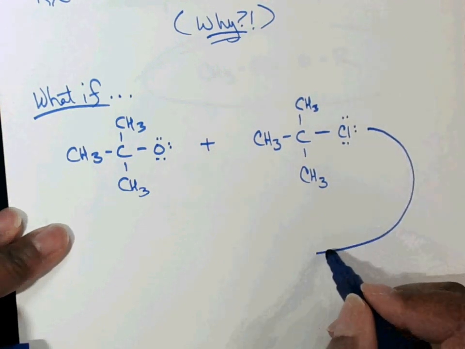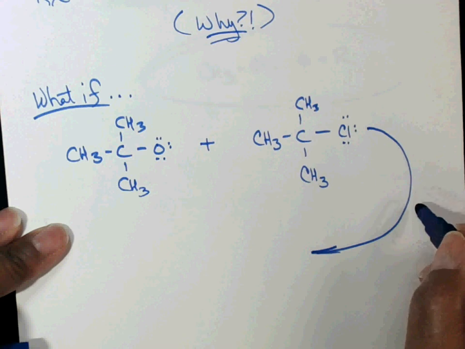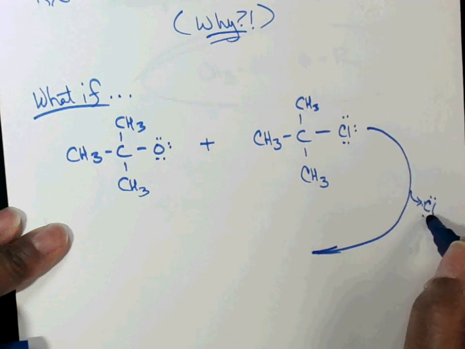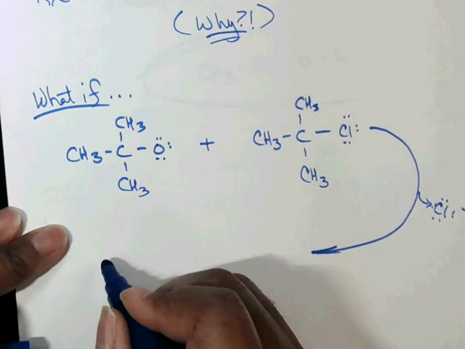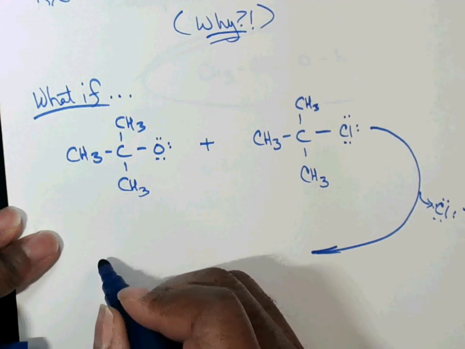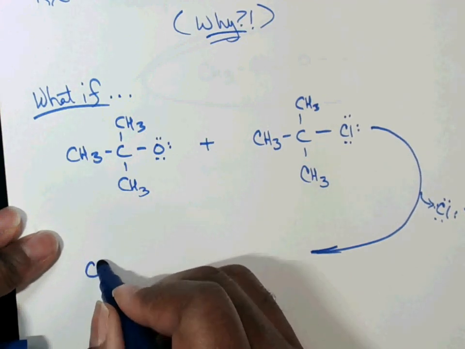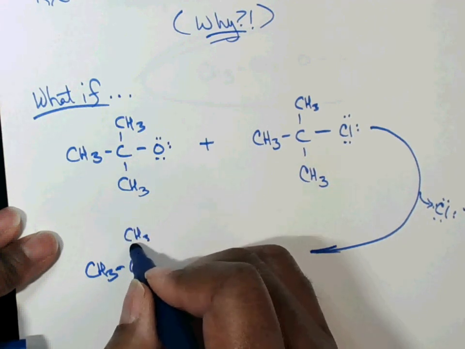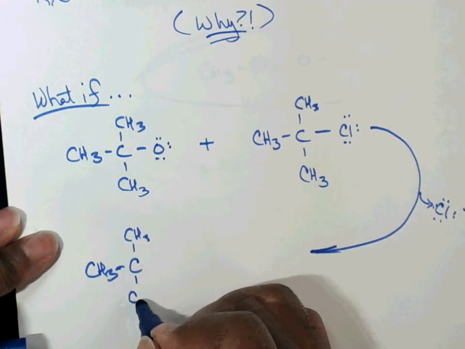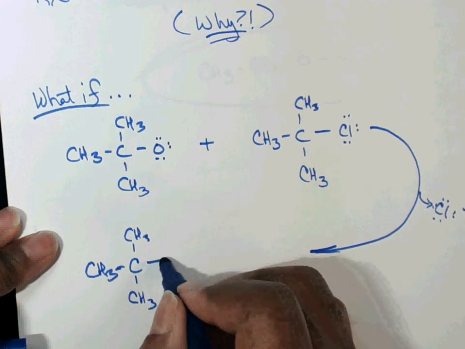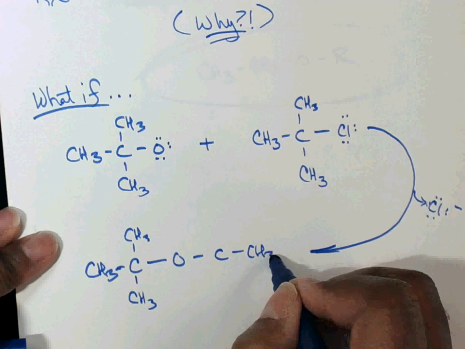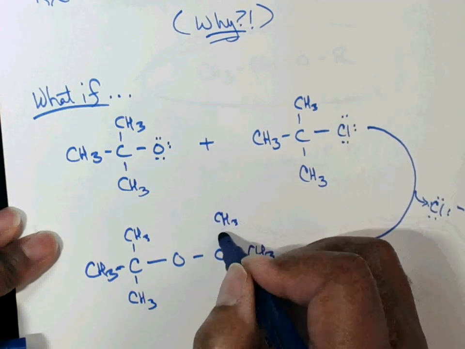And I already know on the exam, somebody is probably going to do this. They want to write me a beautiful ether with two T-butyl groups.